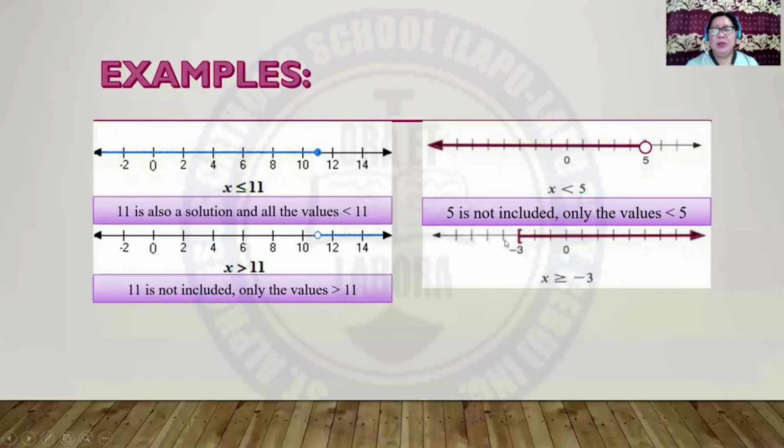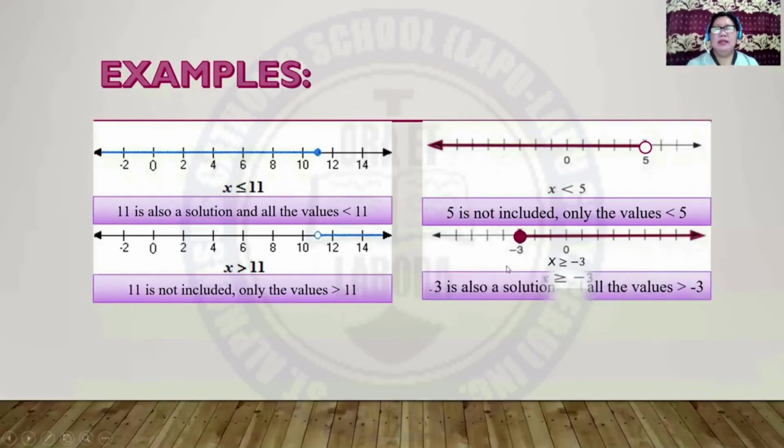For the other one, we have the open bracket. This means that negative 3 is included, or you can use the solid dot. So again, negative 3 is also a solution and all the values greater than negative 3.